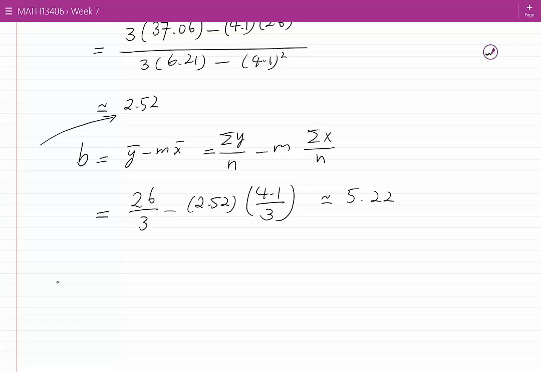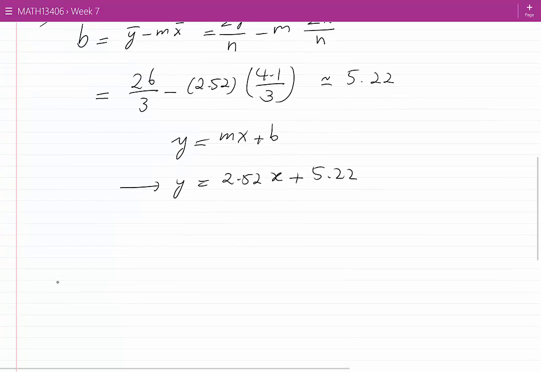This becomes approximately 5.22. Therefore, the equation between y and x is y is equal to 2.52 times x plus 5.22.